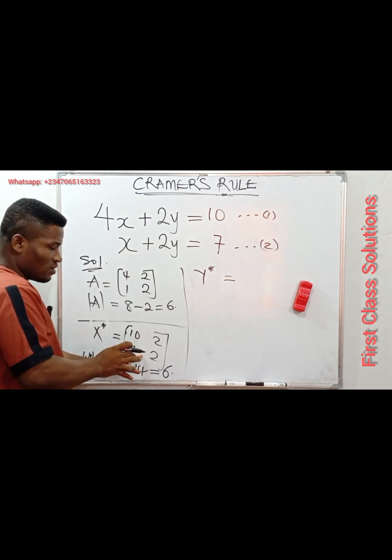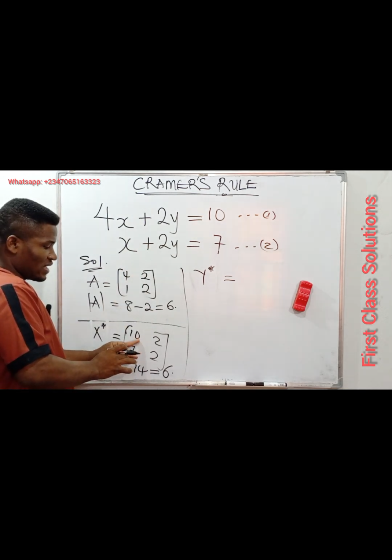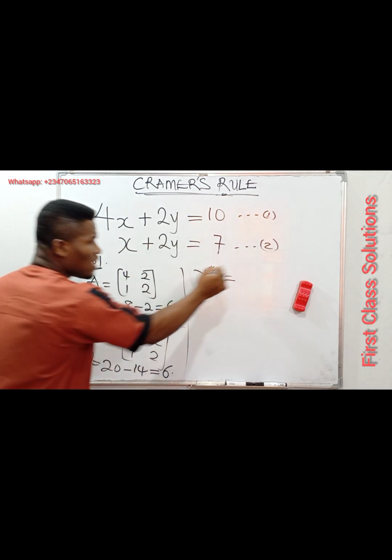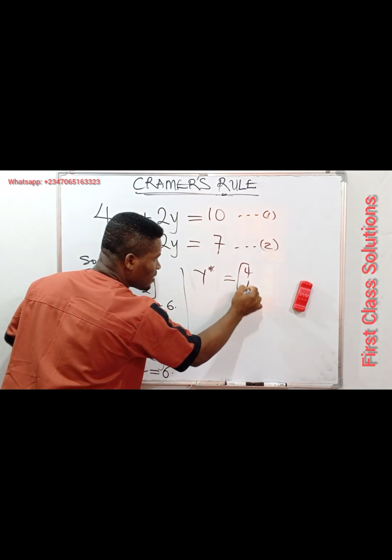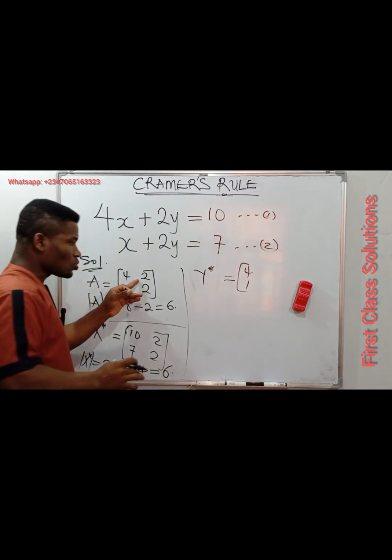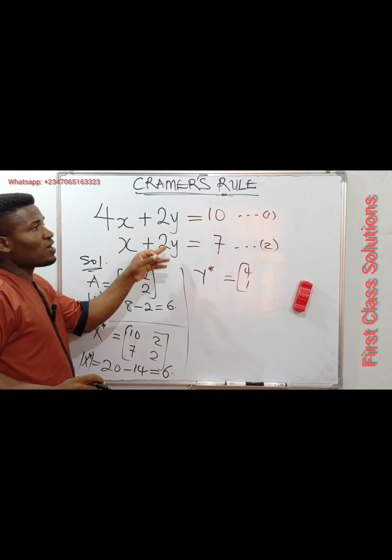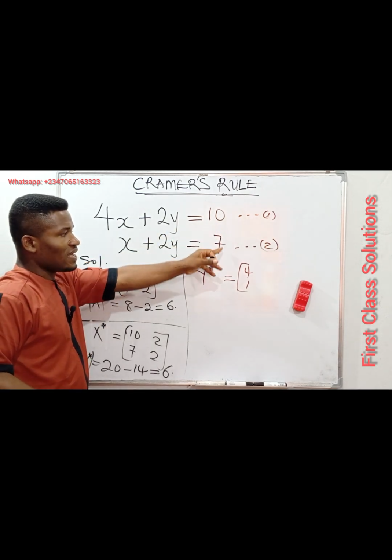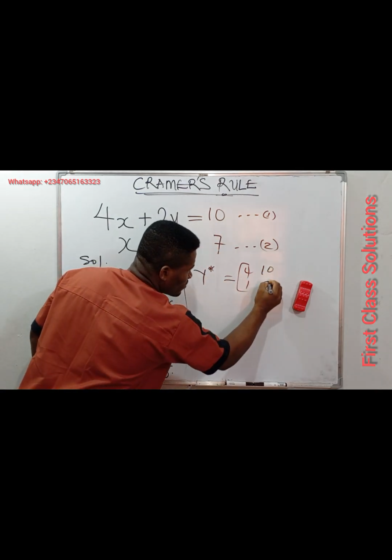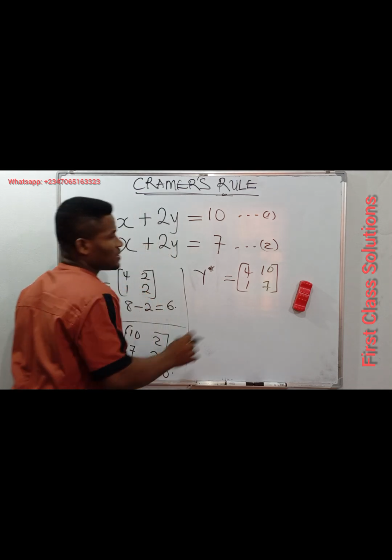Just like we did here, where we replaced the x coefficients with 10 and 7, here we bring back 4 and 1 because now we won't work with x. Instead of writing 2 and 2, the coefficients of y, we replace them with 10 and 7.